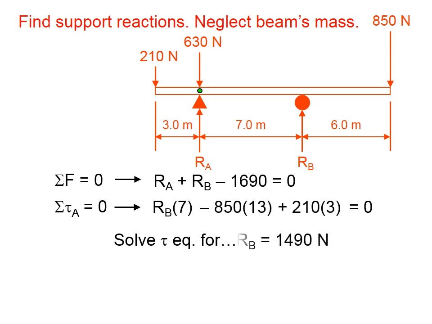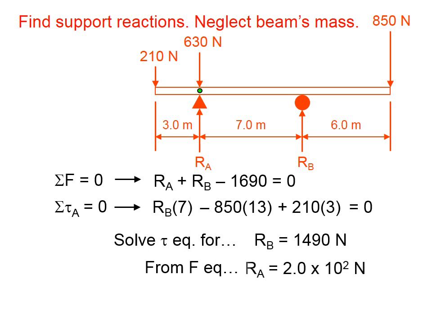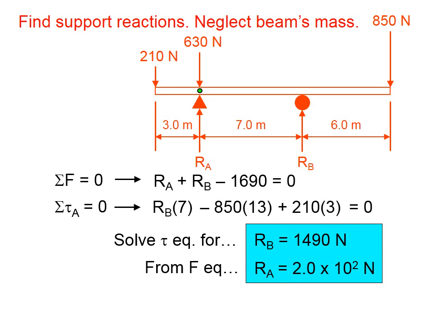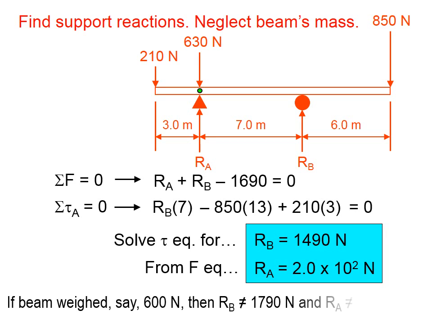Solve that for RB, 1490, and plug 1490 in right there. That'll give the reaction at A to be about 200. Now, if this beam weighed 600 newtons, you might say, oh, well, 300 of those newtons will have to be taken by reaction A, 300 newtons will be taken by reaction B. Not the case.